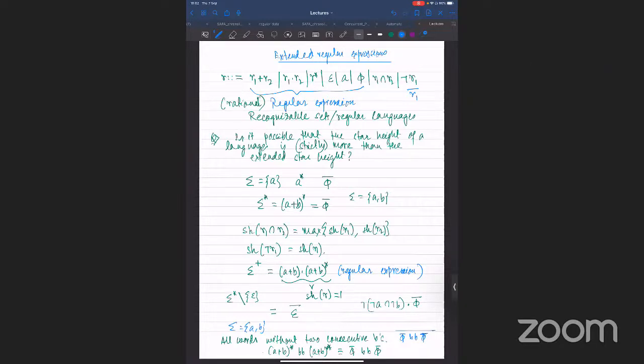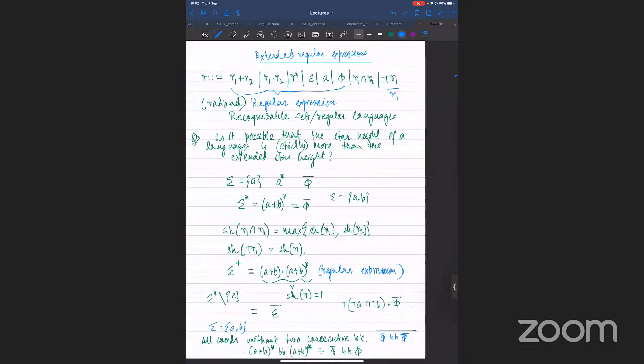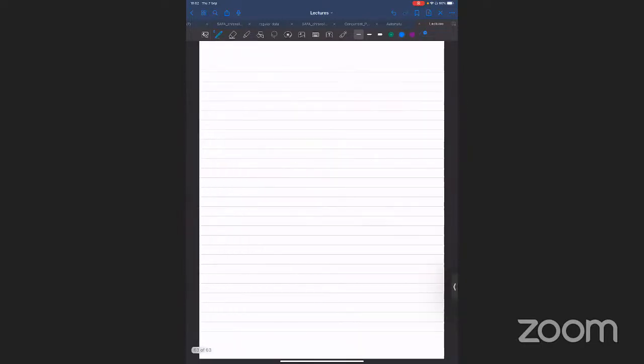Right, so this is an example of an extended regular expression. Now, what are the questions one would look at?